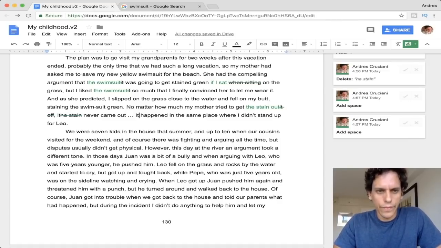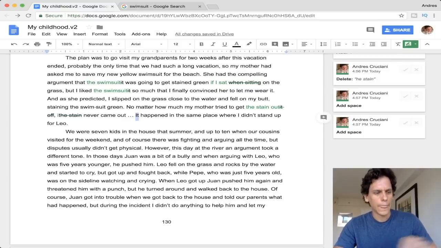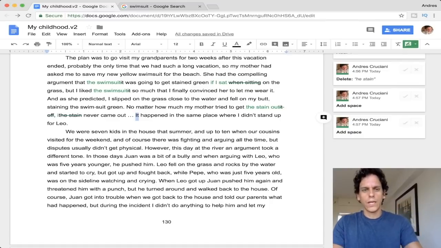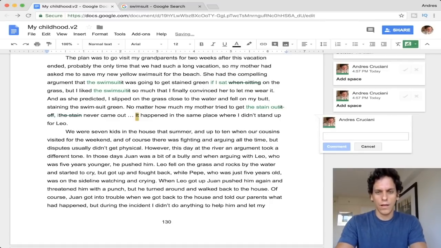Okay. So now here, this is actually quite ambiguous. I don't know what this it is referring to. Is he talking about the stain? Is he talking about the swimsuit? Is he talking about falling? From context, I believe it's falling, but it's unclear for no real reason that I can detect. So I'm going to go ahead and just leave him a comment.